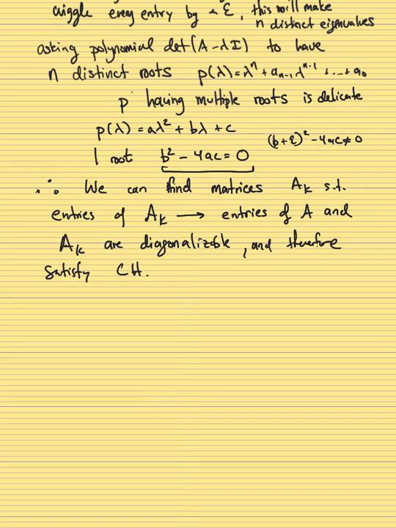Now we have that the characteristic polynomial, which we call PA, evaluated at AK is 0 for all k. The entries of the matrices AK converge to the entries of A. This implies that the polynomial evaluated at A is 0.